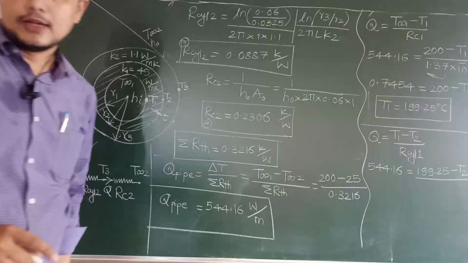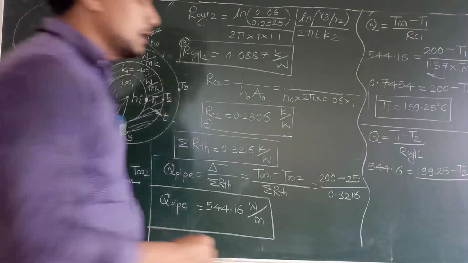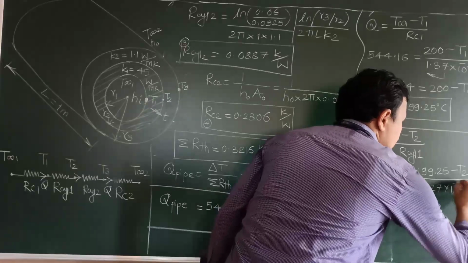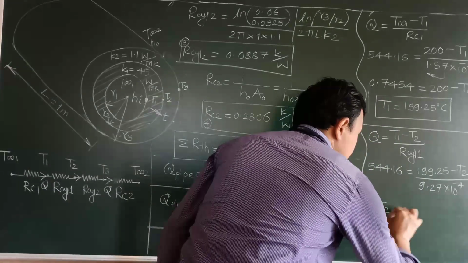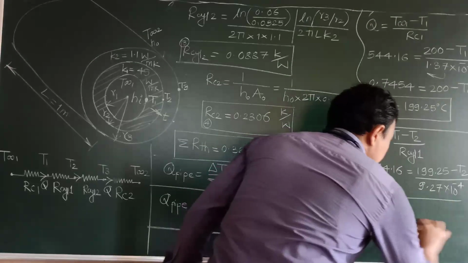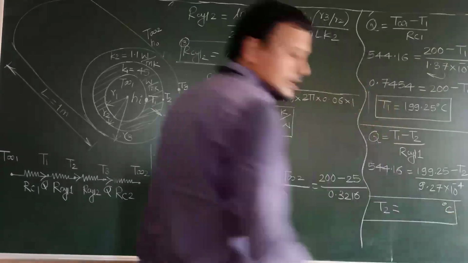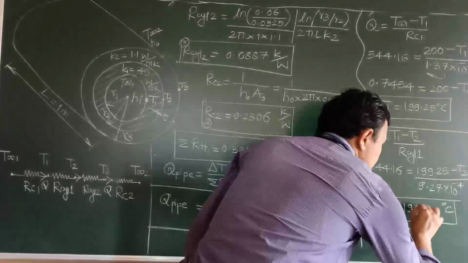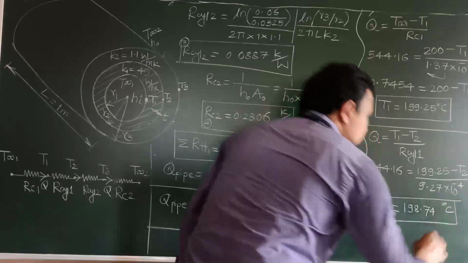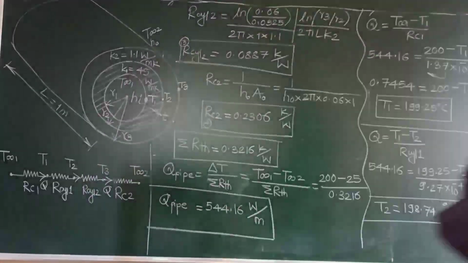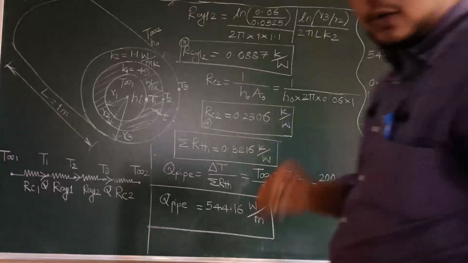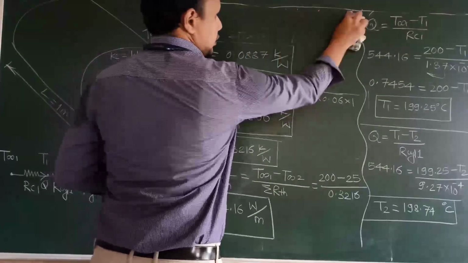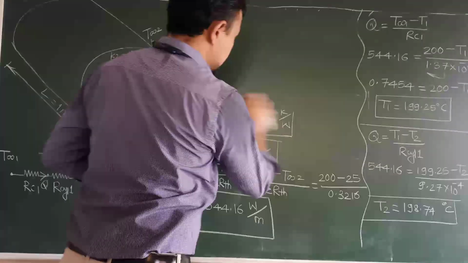This I have already calculated and it is equal to 9.27 into 10 raised to minus 4. When I do the calculation, I get the value of T2 as 198.74. This you have to do with your calculator as well. Now we can use the same logic to determine T3 as well, using the same philosophy of electrical analogy.